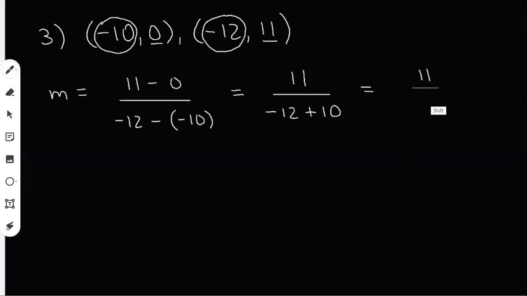Yeah, that'll be -2. And since I can't really divide 11 by -2, I'm going to leave that in this form right here. So this is a negative fraction. That means the slope of your line is negative. That means it's going to fall as it goes from left to right. So it's going to look like this.